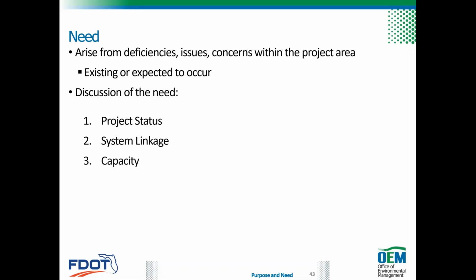So discuss what is the projected transportation demand, what capacity is needed, what is the level of service for existing and proposed facilities. Transportation demand should discuss how the project would accommodate traffic demand forecast, projected population, employment growth, and increase in freight movements.